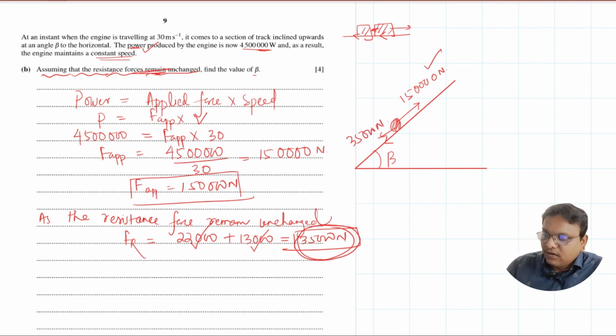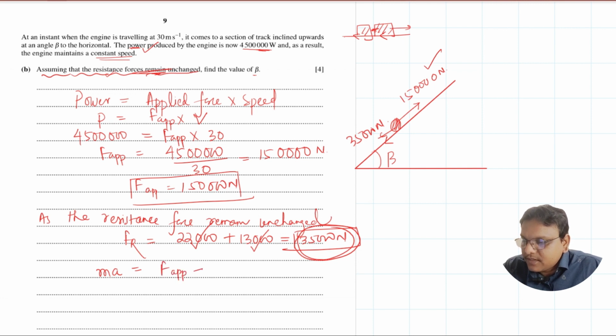So we can now equate the thing, that is force equal to applied force minus force of resistance. So mass times 0. Why am I saying acceleration equal to 0? Because constant speed means acceleration is equal to 0.